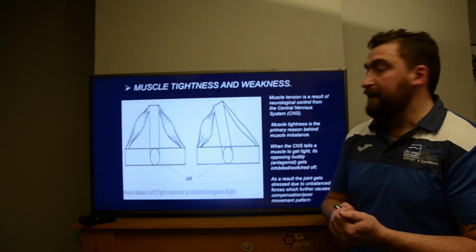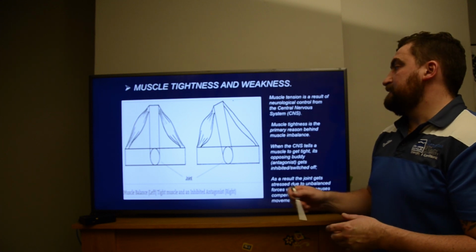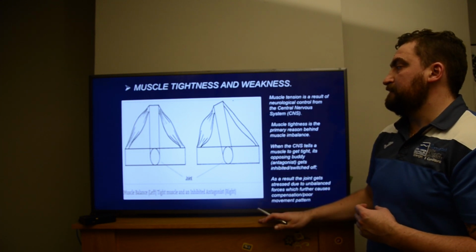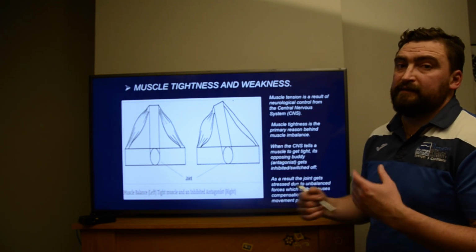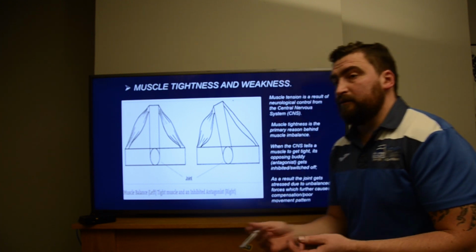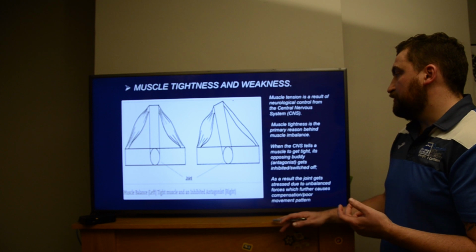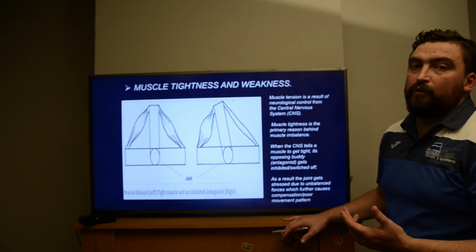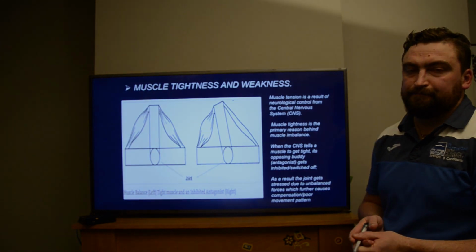So what's happening here is when the central nervous system tells agonist muscles to get tight, its opposing muscles, the antagonists, get inhibited or switched off, and as a result of this action the joint gets stressed due to unbalanced forces, which further causes a compensation or incorrect movement pattern.